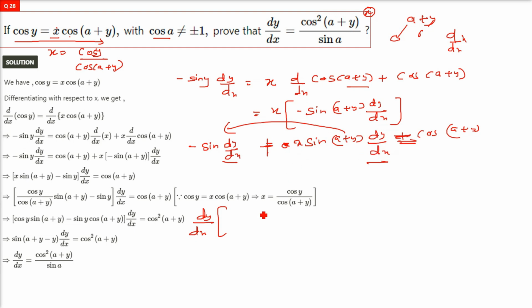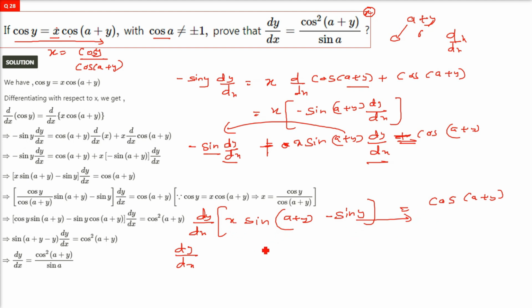In one step only I am trying to explain. We have x sin(a + y) minus sin y, so on the left hand side we have x sin(a + y) minus sin y with dy/dx, and on the right hand side we have cos(a + y). Now this dy/dx we are going to put in the denominator, but still we have x.